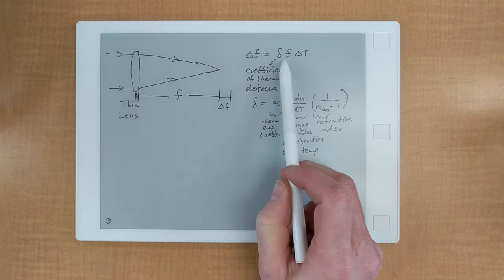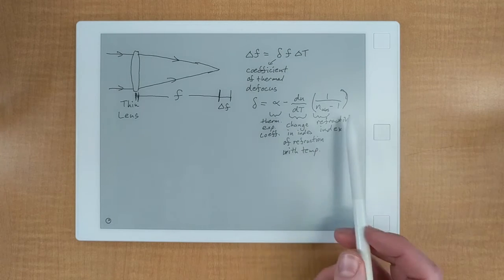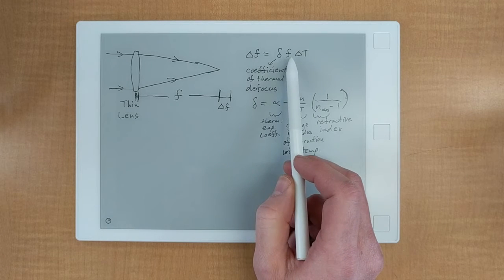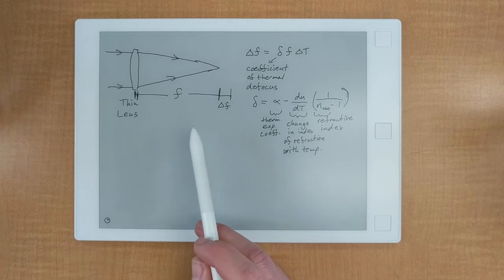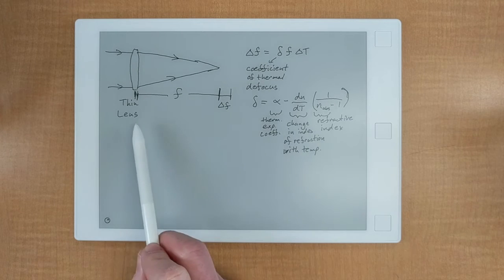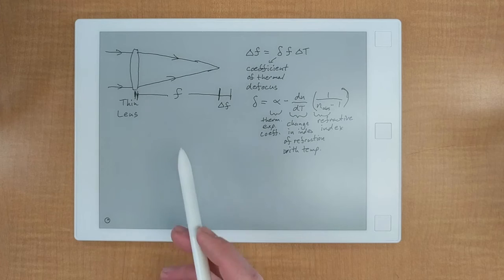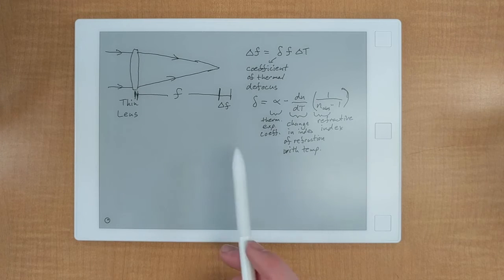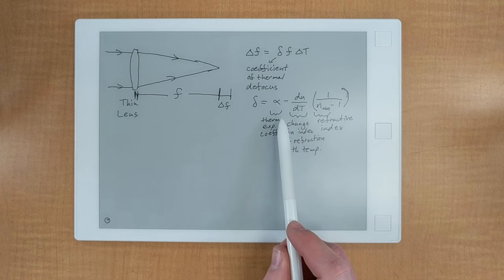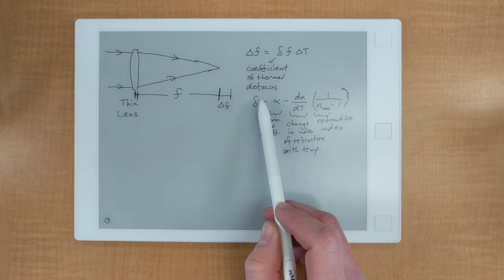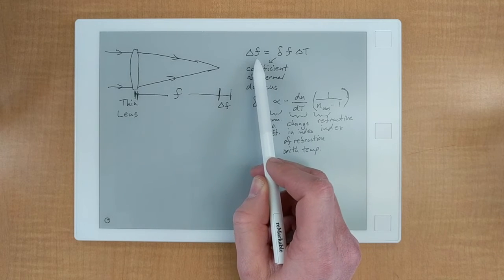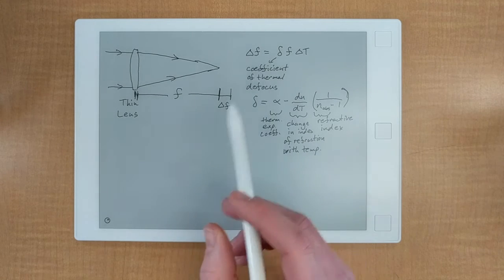This term looks very, very similar to the change in length of a material due to thermal expansion. So looking at this very simple example, again, this is just for a thin lens, but it can demonstrate how these material properties can influence the coefficient of thermal defocus, which then influences the change in focal length.